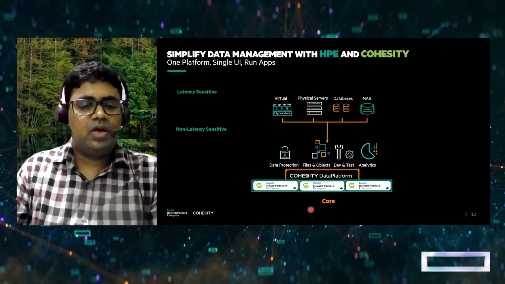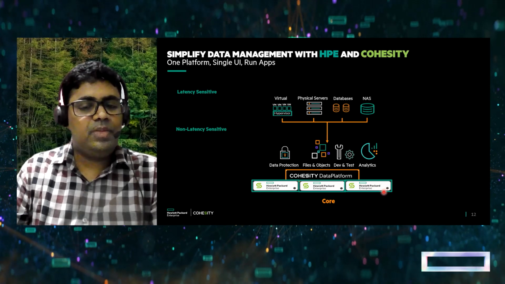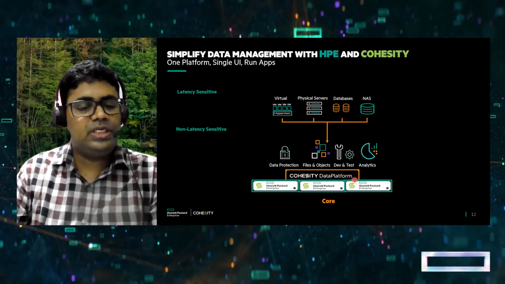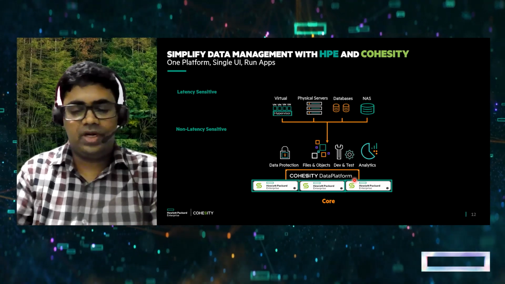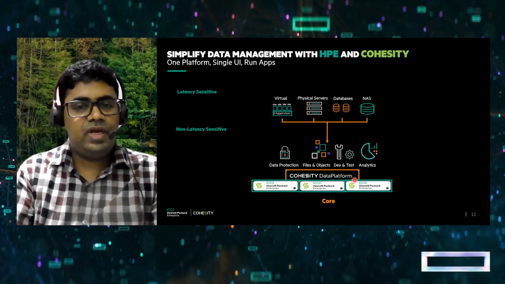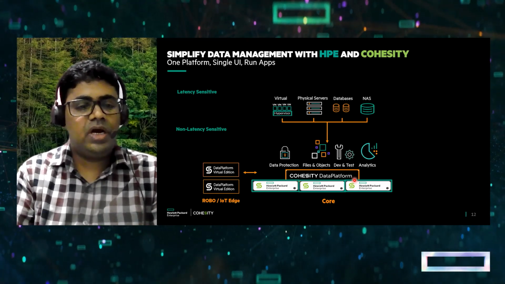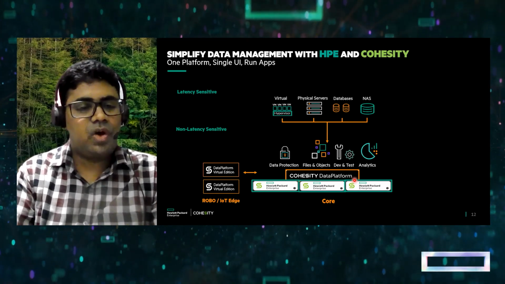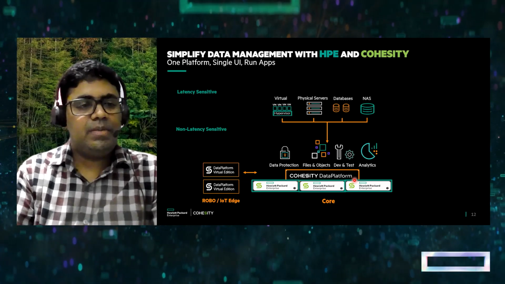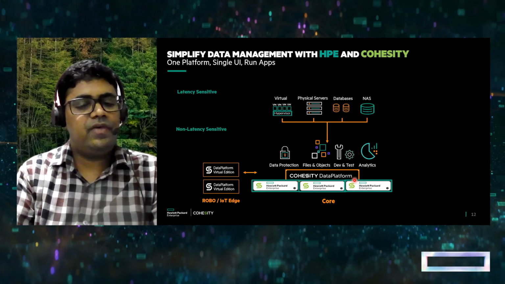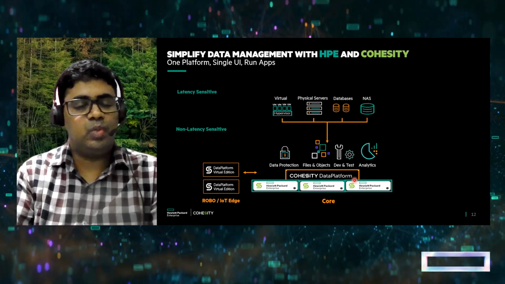That is, the core infrastructure consists of a minimum of 3 HPE nodes. On top of that, we can configure the Cohesity data platform software. So Cohesity software runs on HPE, and so we are able to manage all our secondary storage complexity from a single platform and a single user interface, and all applications will run smoothly.